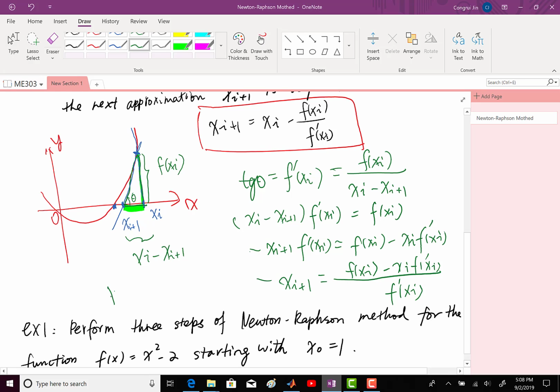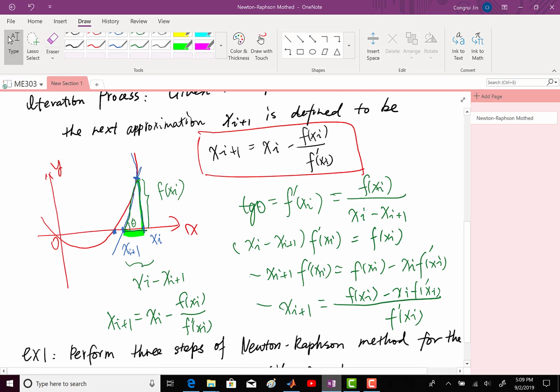Let me write here: xi+1 should be equal to xi minus f(xi) over f'(xi). Okay, so this is how to derive the formula and how to do the iteration process.